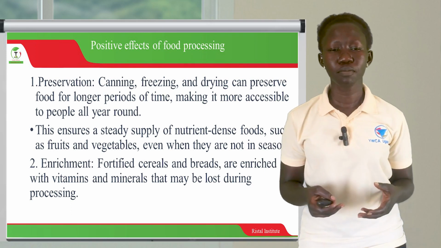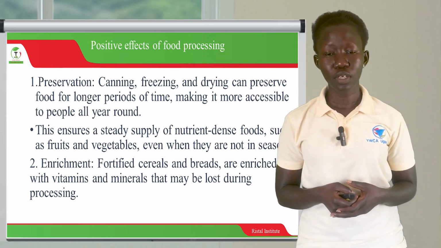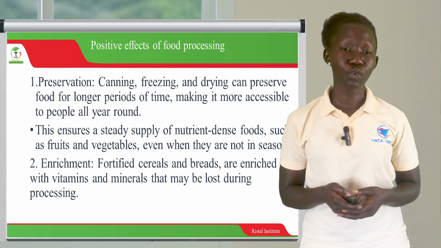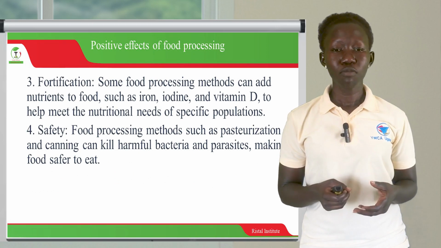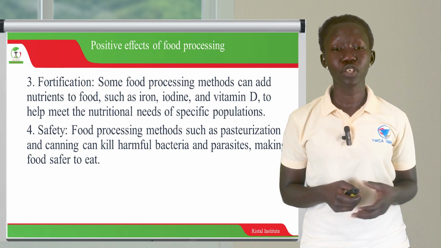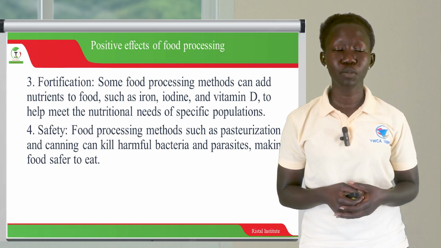Then enrichment. Fortified cereals and breads are enriched with vitamins and minerals that may be lost during processing. Some food processing methods can add nutrients to food, for example, iron, iodine, and vitamin D, and this helps to meet the nutritional needs of specific populations.